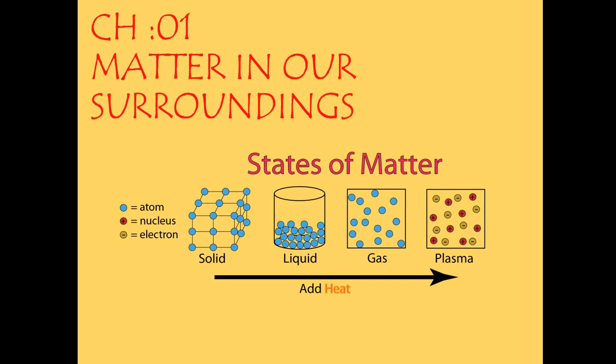We use table and chair for studying and bed for sleeping. So the things like food, water, air, clothes, table, chair, human beings, animals, plants, and trees, etc. are all examples of matter.